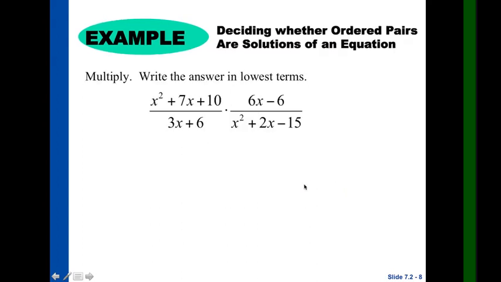Alright, now, another example. I think this is a little complicated.